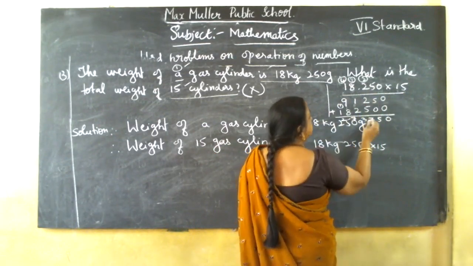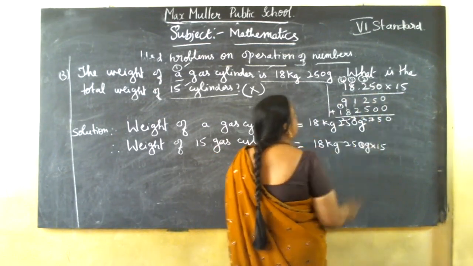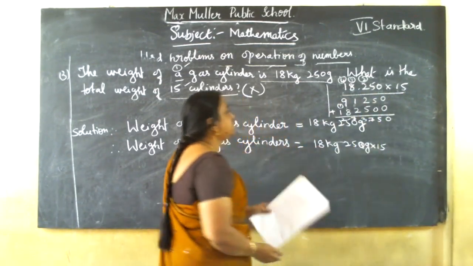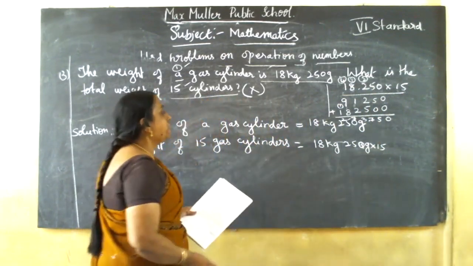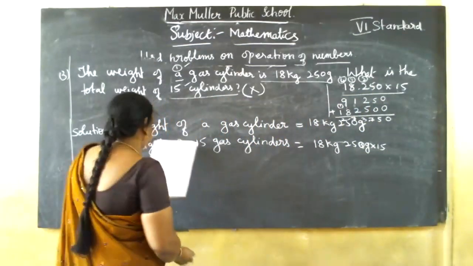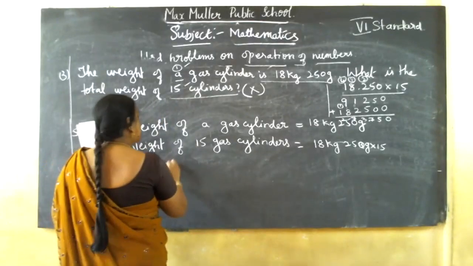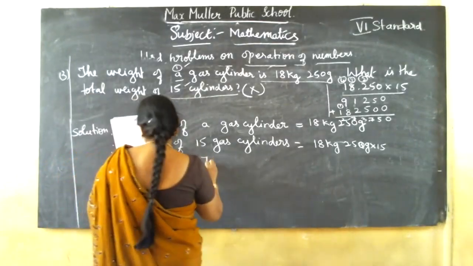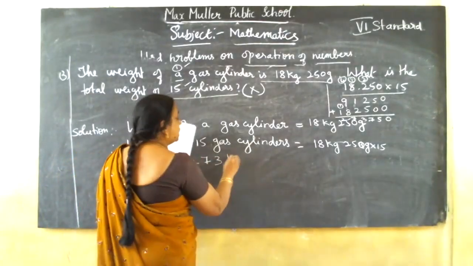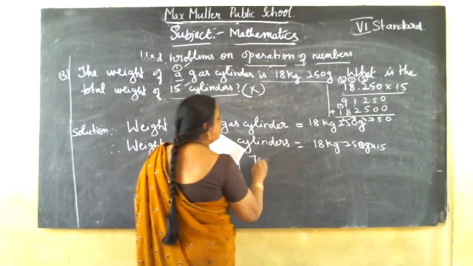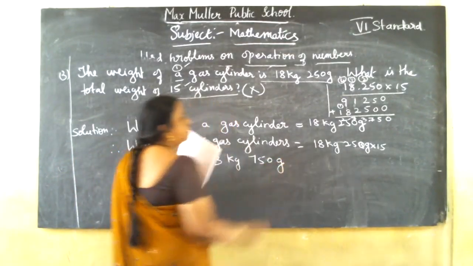So after 3 digits place a comma. What answer did you get? 273 kg and 750 grams. Clear?